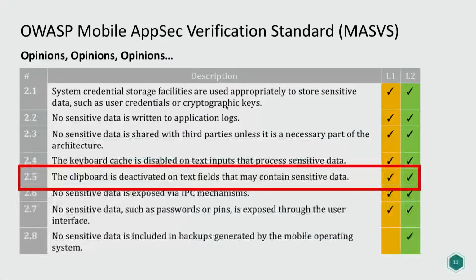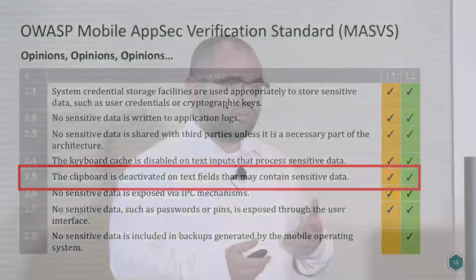Let me give you a little bit of background to this requirement. When you start an app, for example on Android, and you background it, it will still be able to query the clipboard, meaning if you copy your username, your password, your credit card or whatever, a malicious app in the background might always be able to read the clipboard and this information. That's why we came up with this requirement.